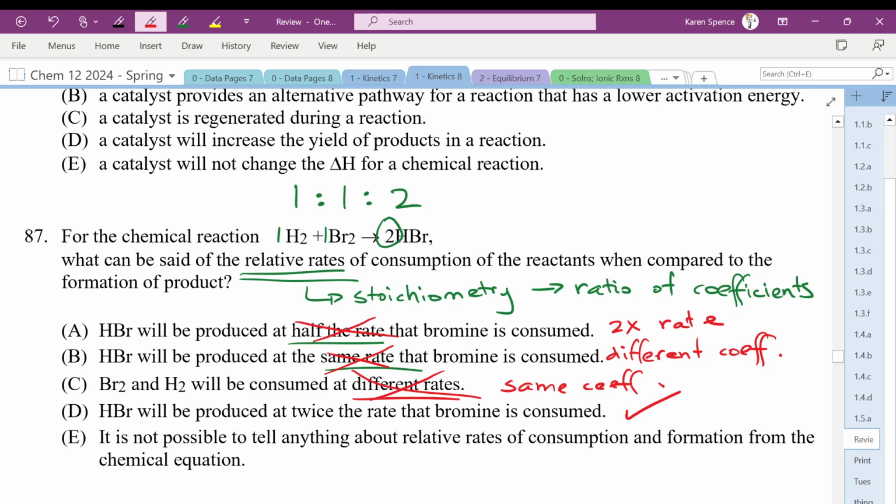Now, if I had to do this question and I didn't know anything about it, if I had to guess, I would look and I would say, A and D are exactly the same, except for one is half and one is twice. So I would be like, okay, it's probably one of those two. And now I've got it down to a 50-50 choice and I can make a guess.